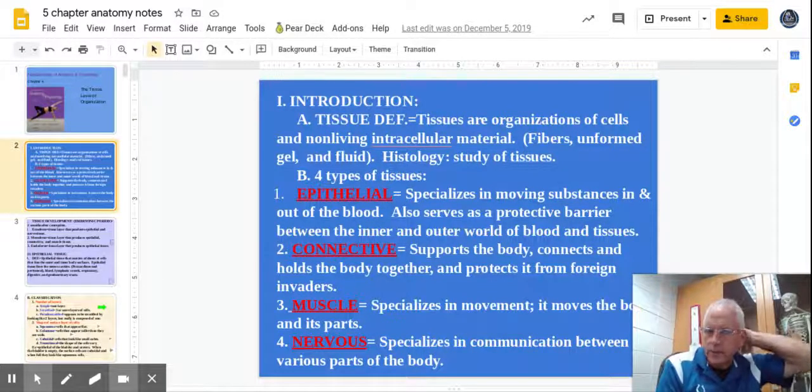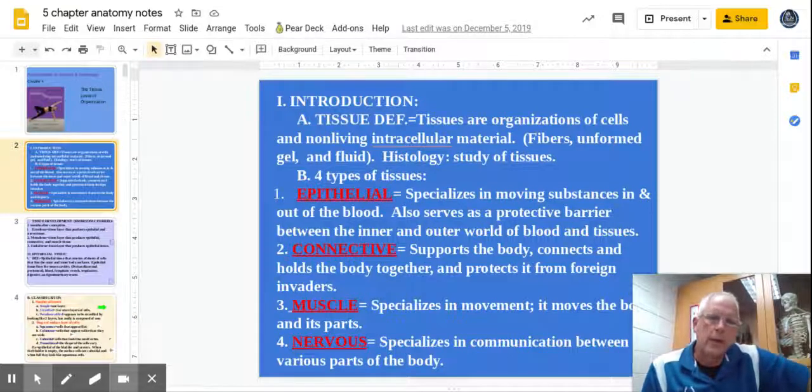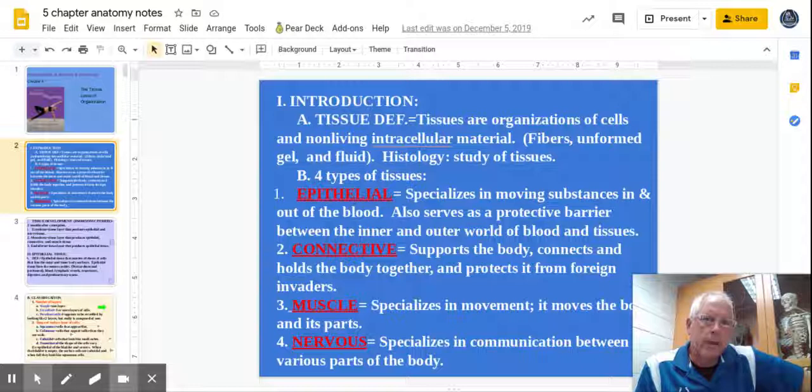Histology, a study of tissues. You take that to the next level, which is pathology, where they take a biopsy, they take a tissue sample, they put it under a microscope, and that pathologist figures out, oh, this person has a bacterial infection, they have a viral infection, they have cancer.